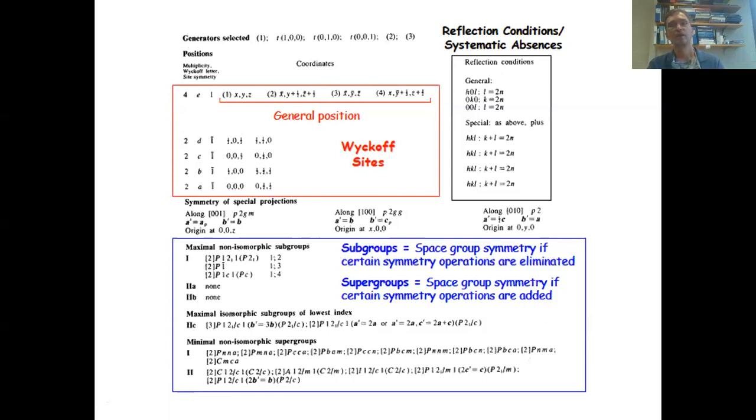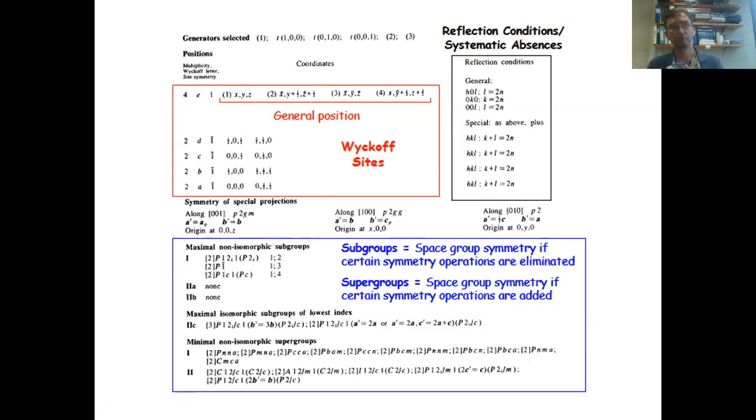Okay. So now associated with these positions, there are general reflection conditions and special reflection conditions. They're also called systematic absences. So that means that when our substance crystallizes in the respective space group, then we cannot see all possible reflections, but only some of them.